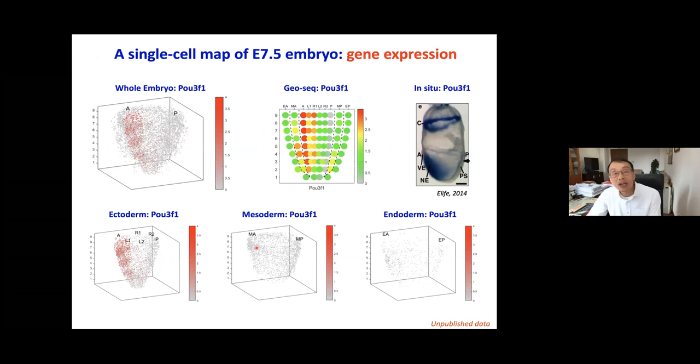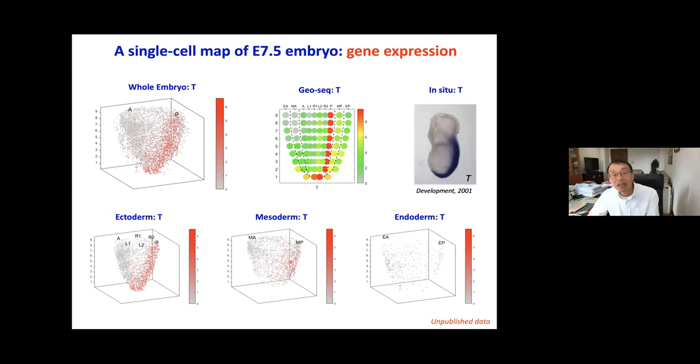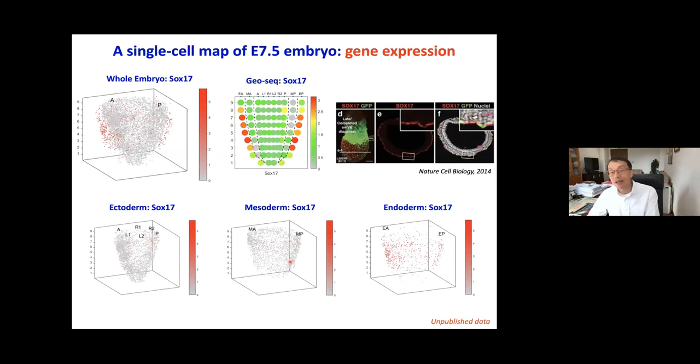Also we can see the gene expression here. The Pou5f1 gene is mainly in the ectoderm anterior region. The T gene is in the posterior region of ectoderm and mesoderm. And also SOX17 is mainly in the endoderm outer layers.